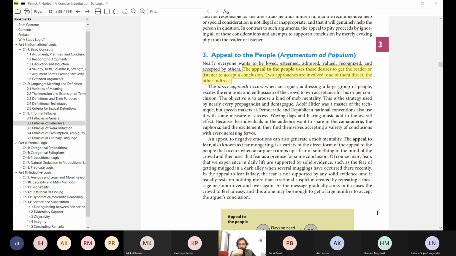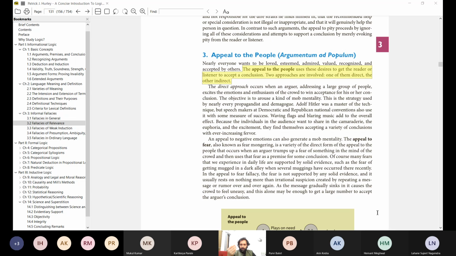So since we had some Nazi examples before the break, if you remember, we saw those Nazi posters where you see the whole crowd of people behind Hitler. The point of the poster is to make the person feel like the people are with this person, and therefore I should be with that person as well.